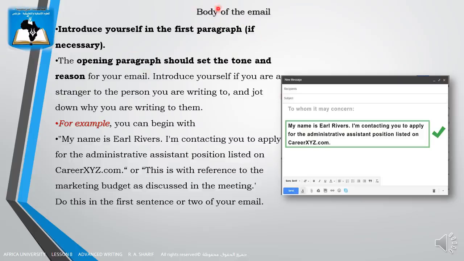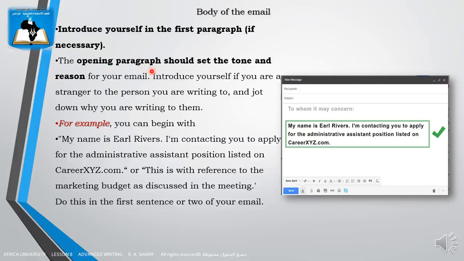Body of the email. Here we come to the most important part in writing emails. So introduce yourself in the first paragraph if necessary. The body of the email is the main part when you write a formal email. It's important to follow a certain pattern to keep the format of a formal email uniform, okay?